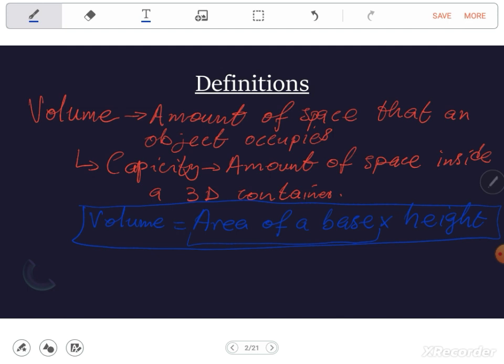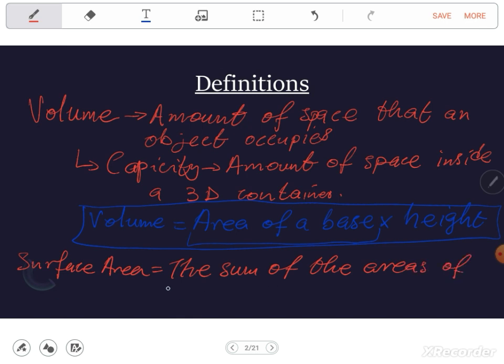All right. Then next, we want to talk about surface area and say surface area is actually the sum, or when you add, of the areas of all the faces of a 3D solid.